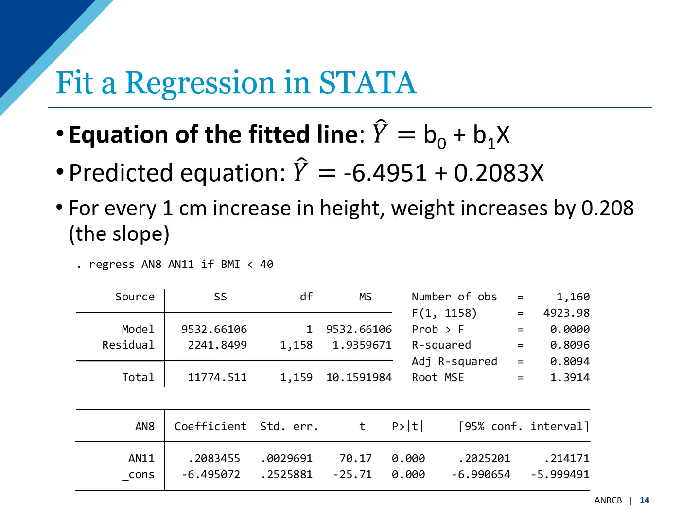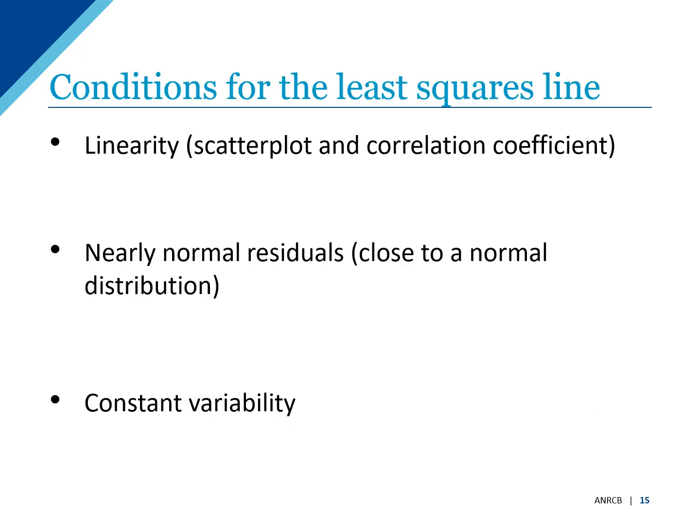So if we look at the equation for a regression line, y equals beta naught, or intercept, plus beta 1, or slope, times x, we can plug in the values of 0.208 for slope and -6.495 for intercept. The slope of 0.208 means 0.208 kilograms per centimeter and represents the increase in weight in kilograms for each 1 centimeter increase in height.